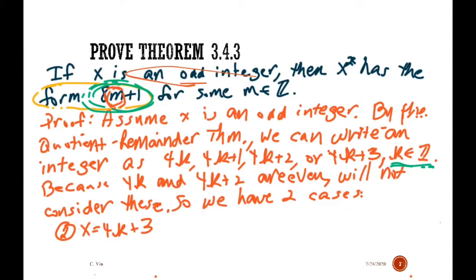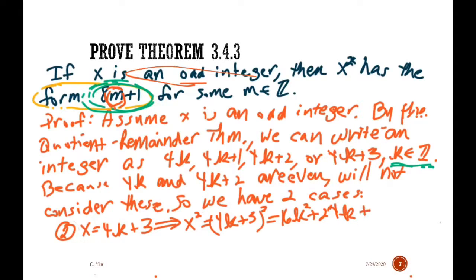So that took care of the first case, and the second case is the 4k plus 3. If x is equal to 4k plus 3, it's a very, very similar argument. We're going to square it, and we'll see that it's 16k squared plus 24k plus 9. What we want to be able to do is write this as 8 times m plus 1.